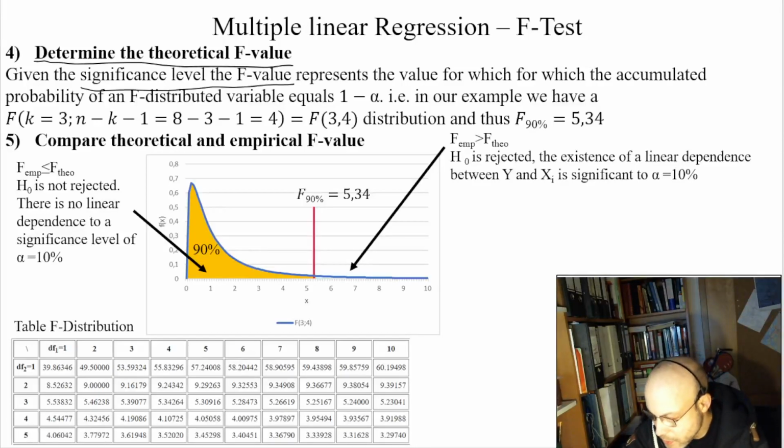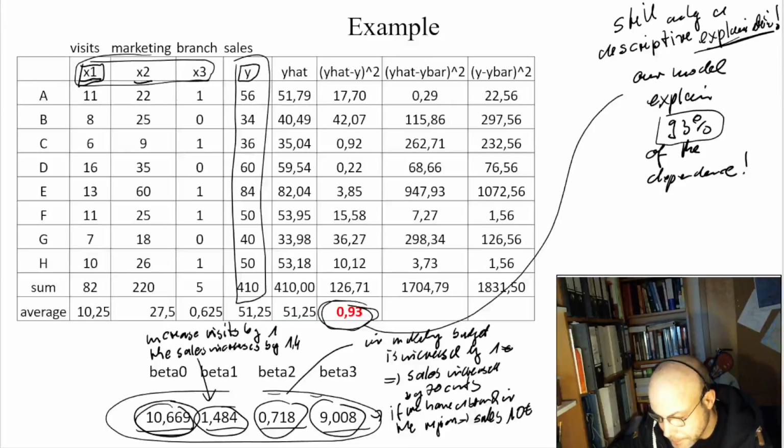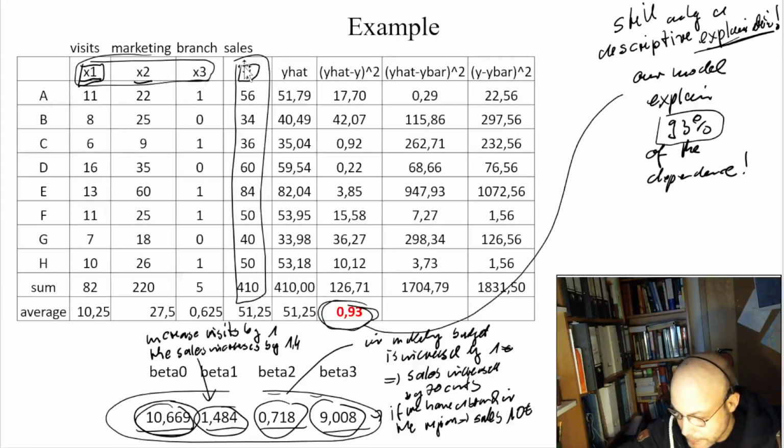then we look at the distribution of our F value, and in our example here we have 3 variables.